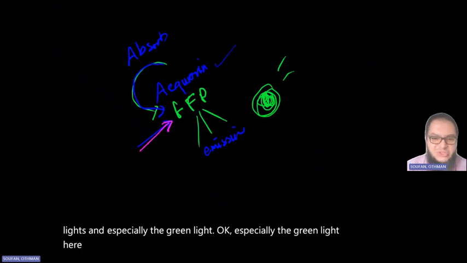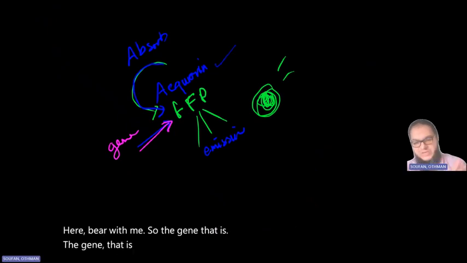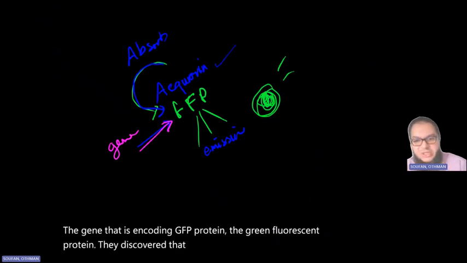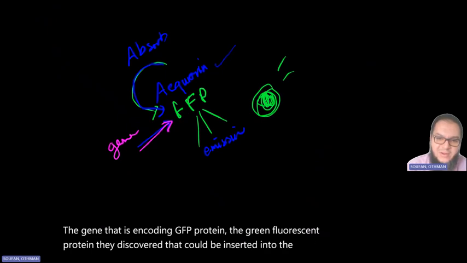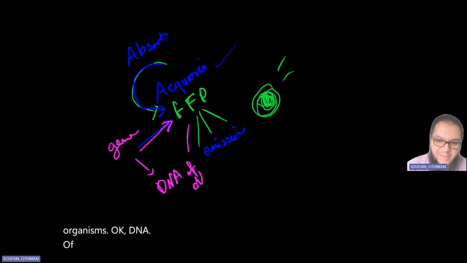Bear with me. So the gene that is encoding the GFP protein, the green fluorescent protein, they discovered could be inserted into the DNA of other organisms.